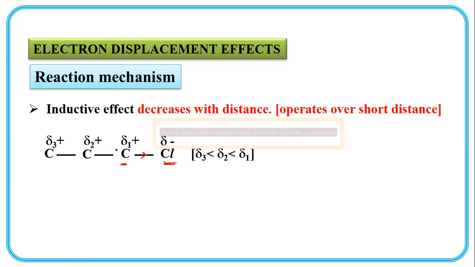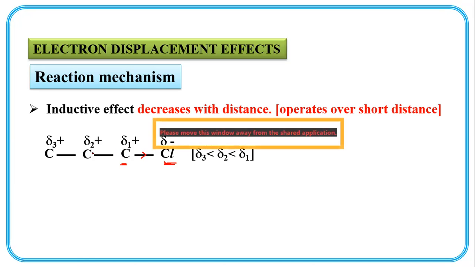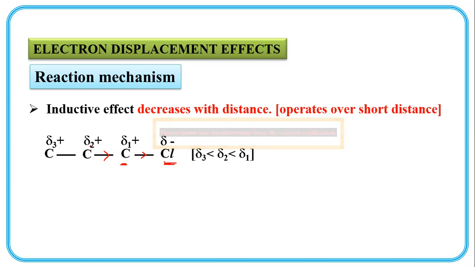In the second bond, to this C1, C2 is bonded. This is a carbon-carbon single bond. The electronegativity of chlorine influences that this electron pair is also pulled towards this side, so it acquires partial delta plus charge.